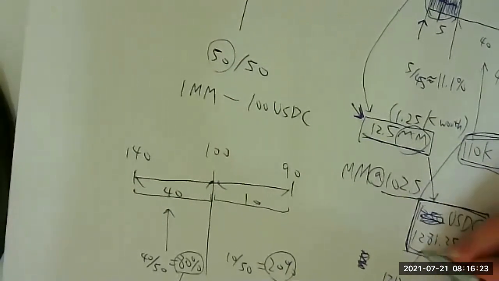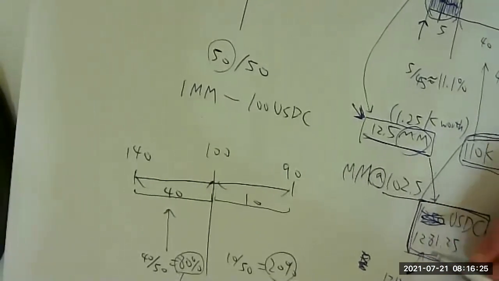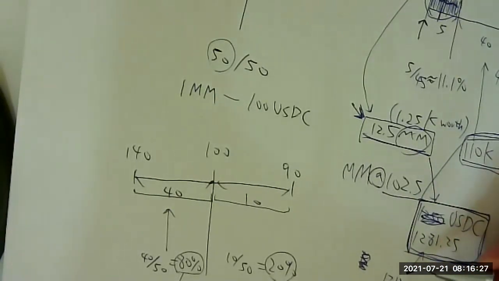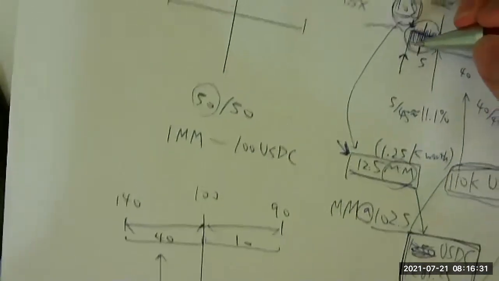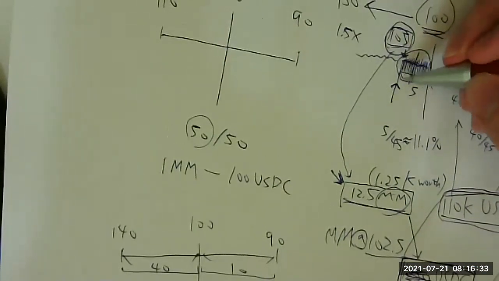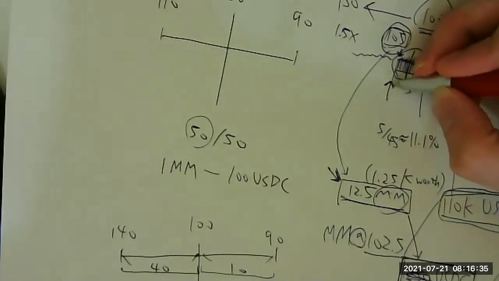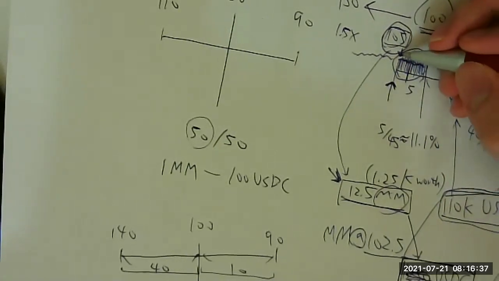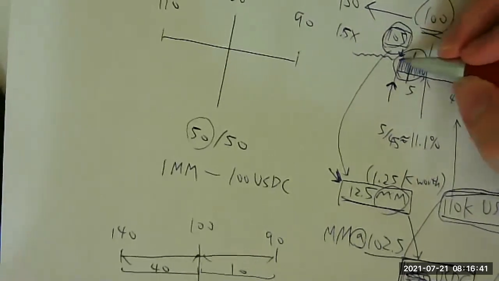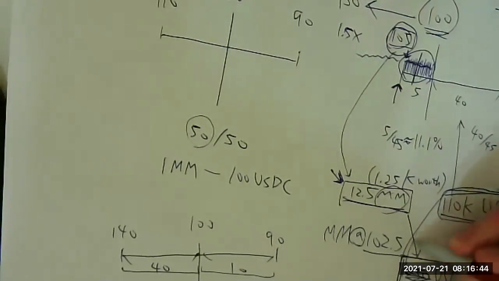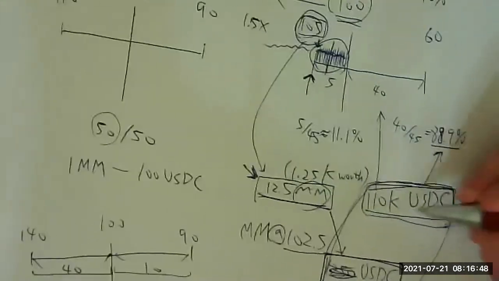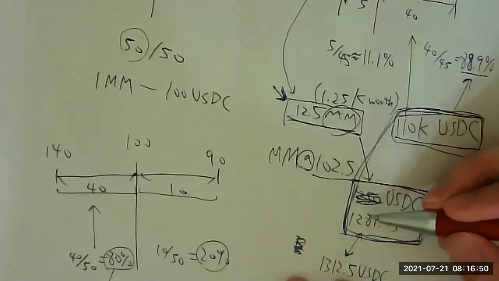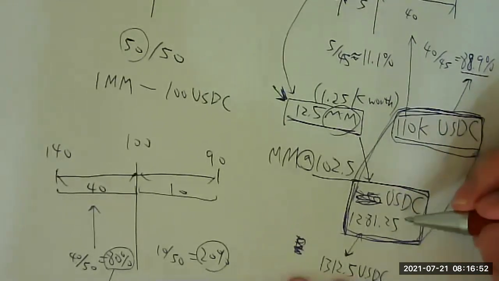So you can see that the difference is not that big, but yes, if you pull out your liquidity pool exactly at this point, when it just gets outside of your range, you'll end up with the original 10K and 1281.25.